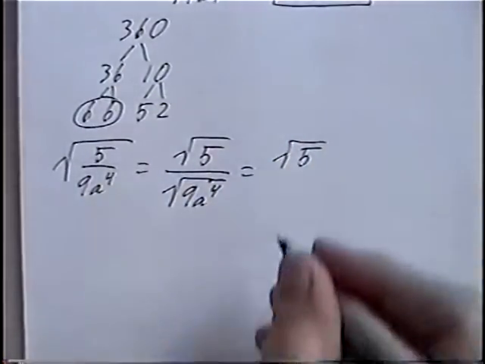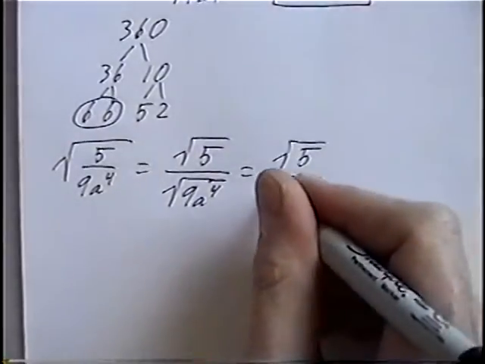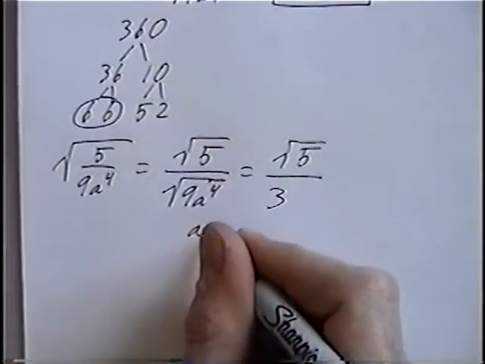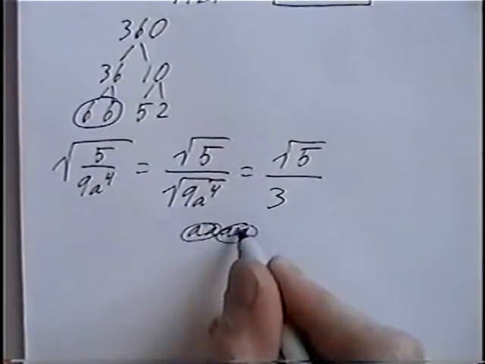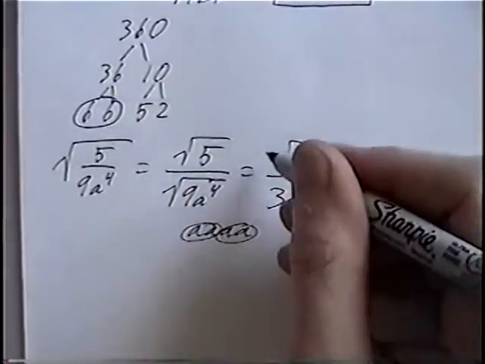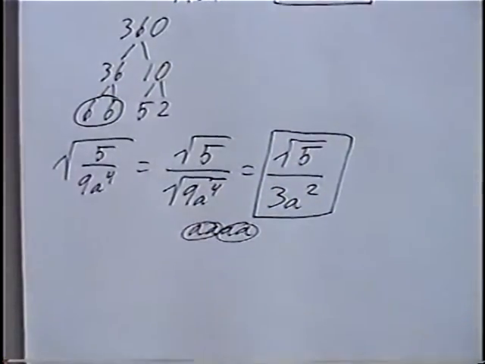That cannot be factored or simplified. The square root of 9 would be 3. And for the variables, a to the 4th, again, you can write down 4 a's and circle the pairs. There are 2 sets of a's, which would be a squared. So our final answer would be radical 5 divided by 3a squared.